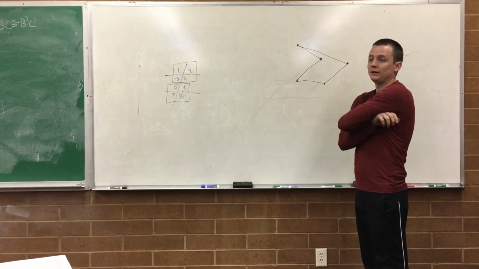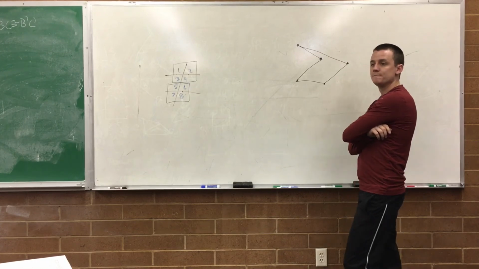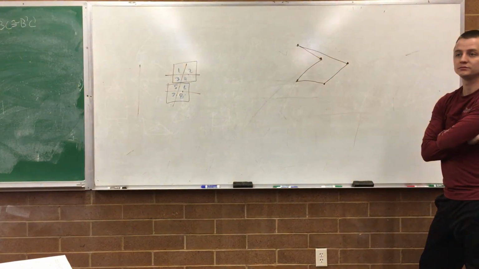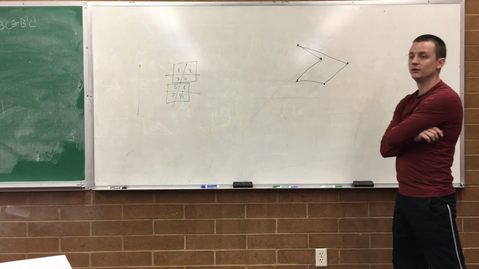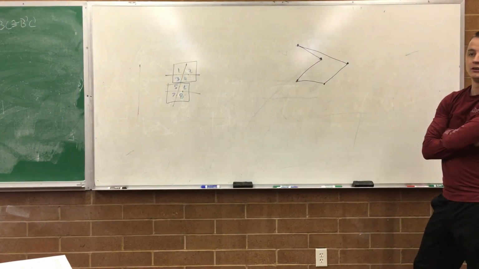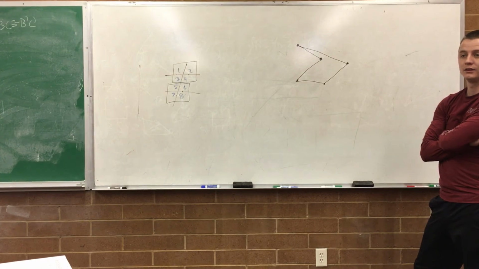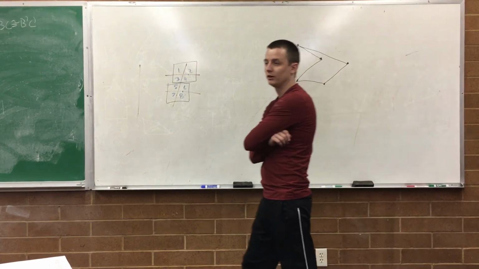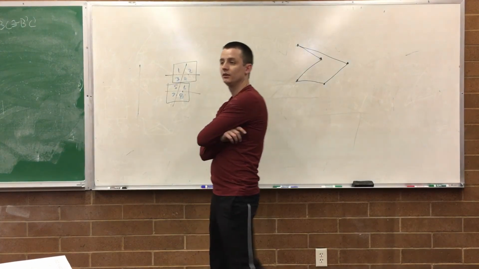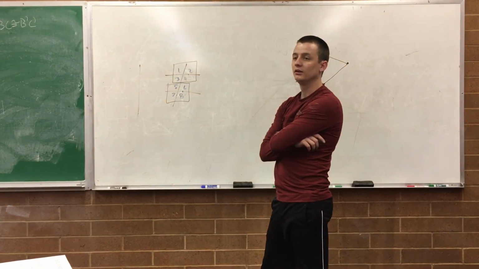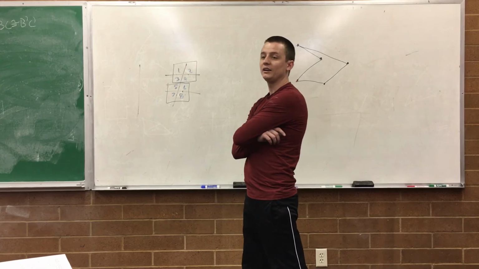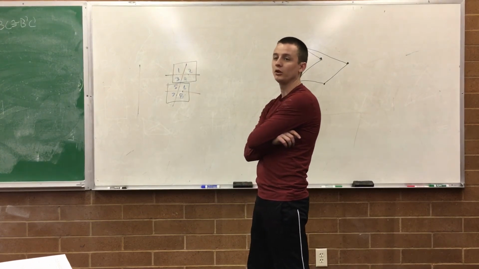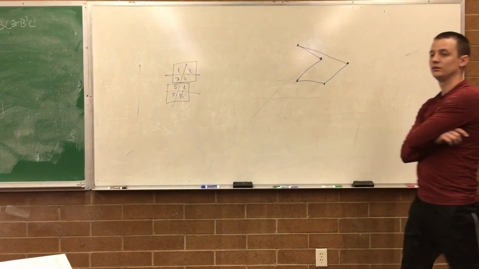What is a regular polygon? Is that the one where it's equiangular and equilateral? Perfect. So what's a 3-sided regular polygon? What kind of triangle?